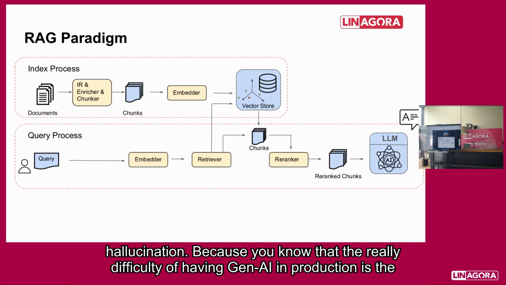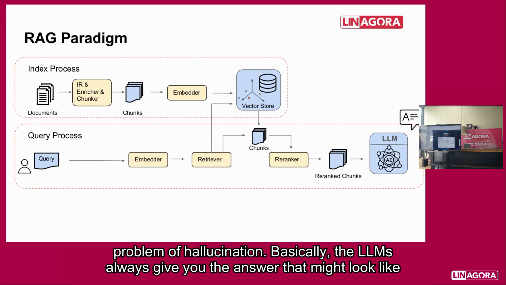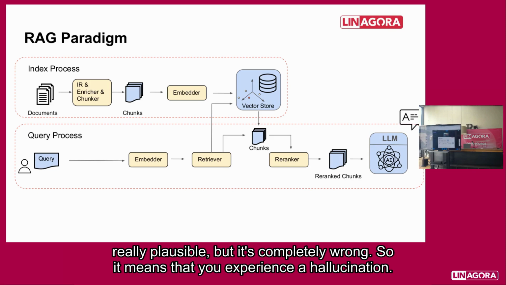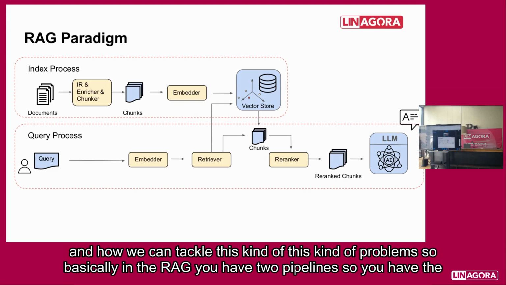Because the real difficulty of having Gen AI in production is the problem of hallucination. Basically, the LLMs always give you an answer that might look really plausible, but is completely wrong. So it means that you experience hallucination. And how can we tackle this kind of problem?